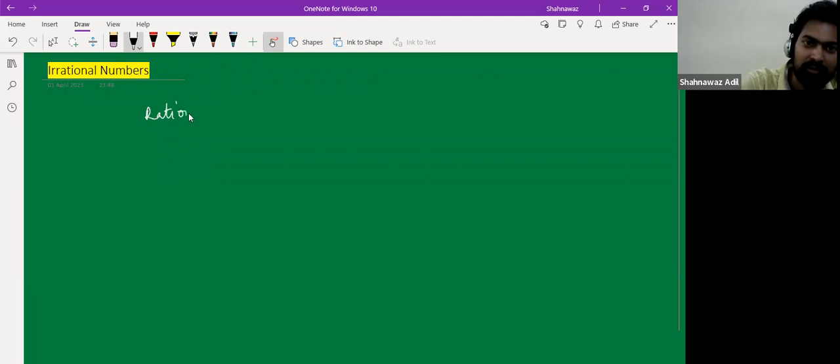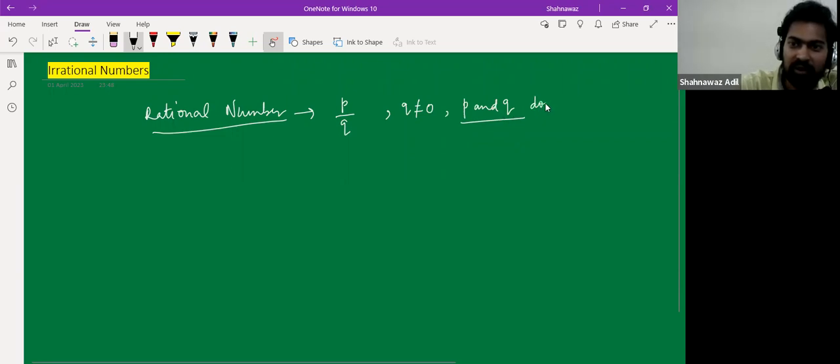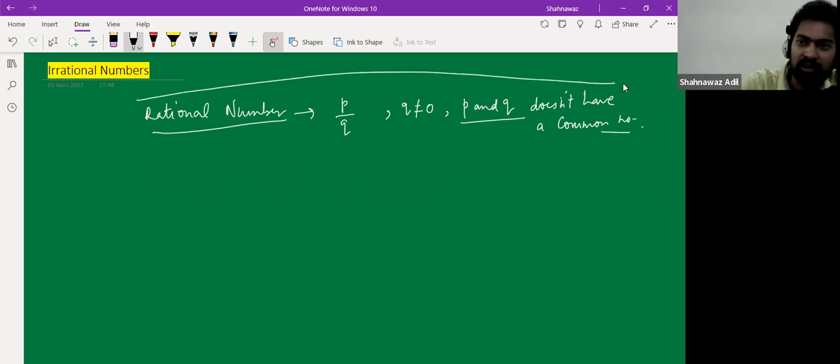Rational numbers are those numbers which can be written in the form p by q, where q is not equal to 0 and p and q are co-prime numbers, that is, they don't have a common factor. So this is the definition of a rational number.